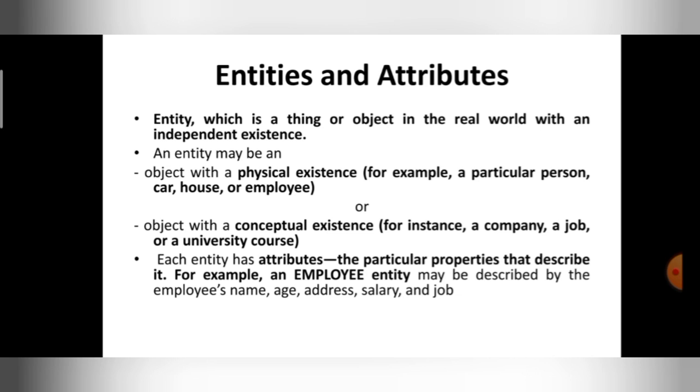House, job. You can't see the job, but you can see the house. You can't see the degree, but you can see the car. Hope you understood. An entity is a real world object with either conceptual existence or physical existence.